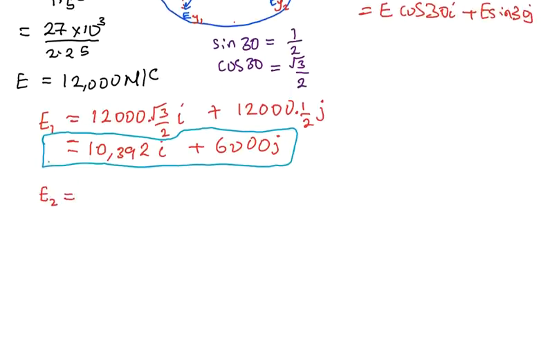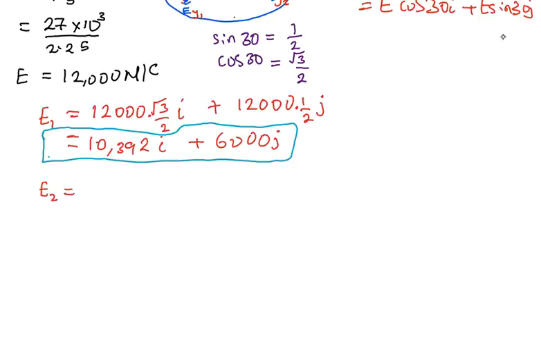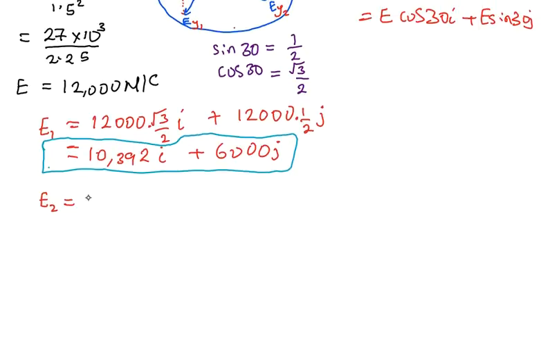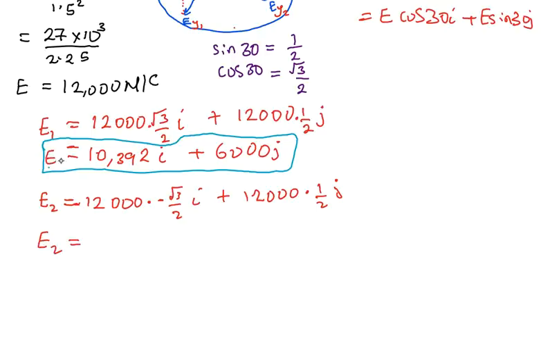So E2 is equal to 12,000 multiplied by negative root 3 over 2 i plus 12,000 times sine 30, which is half, j. So E2 will be the same as E1 except minus 10,392 i plus 6,000 j. So this is the second electric field.